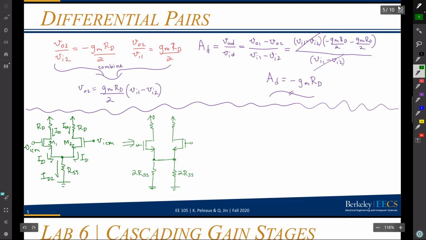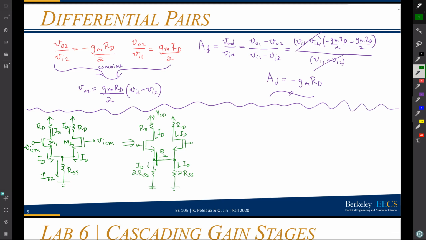But the reason I'm doing this is because what I find is that if everything is matched, so if this is ID and this is ID, that's ID, and that's ID, then all of that drain current is going to flow right past this connecting wire here. And the current in the wire is going to be 0, right?